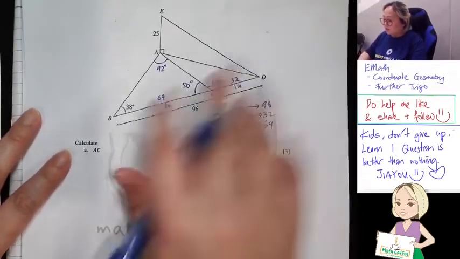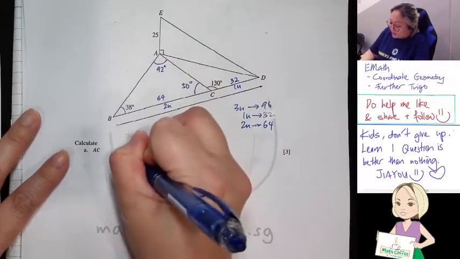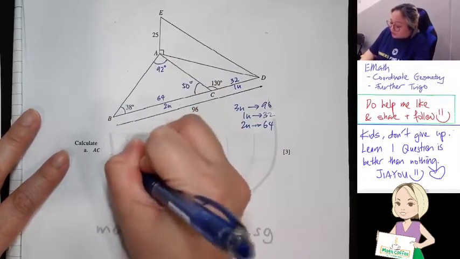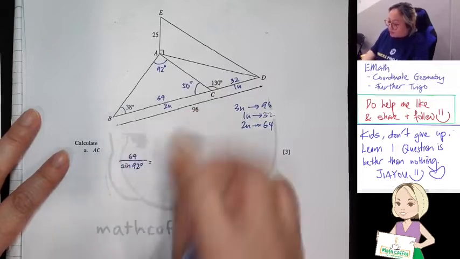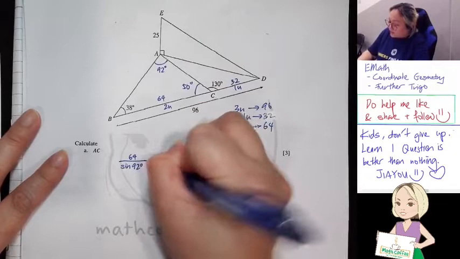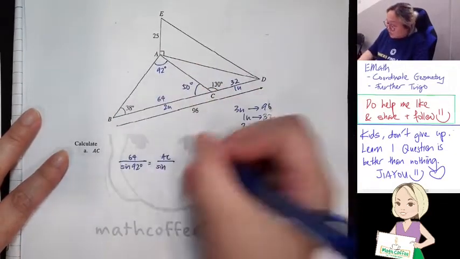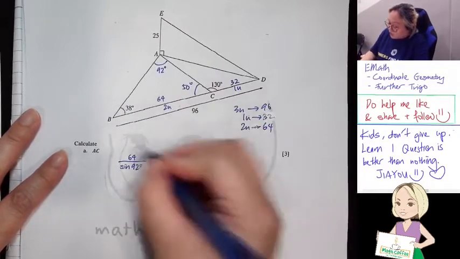So let's put in the known ones, 64 and 92. So I will write 64 over sine 92 degrees is equal to AC, which is the one they asked me to find, over sine of its opposite, which is 38 degrees. Cross multiply.